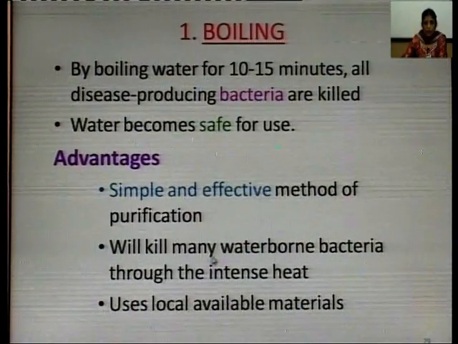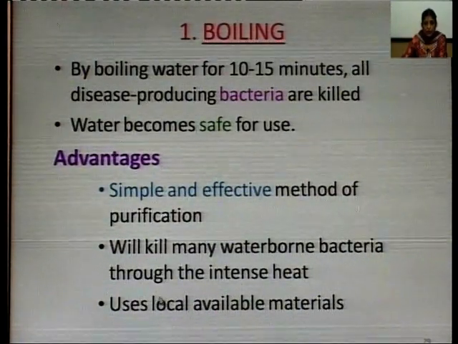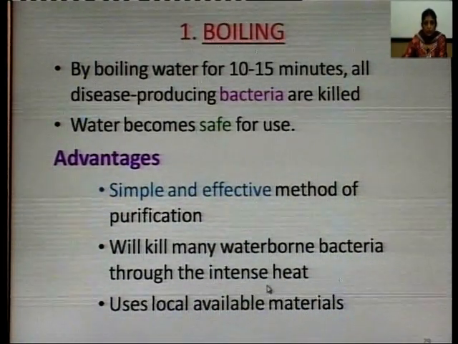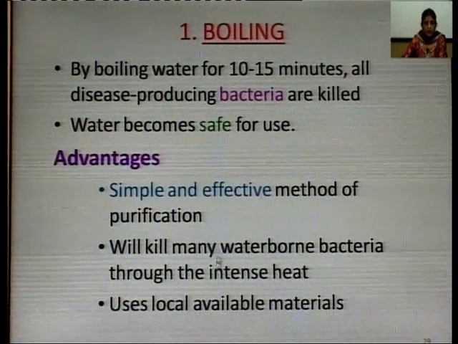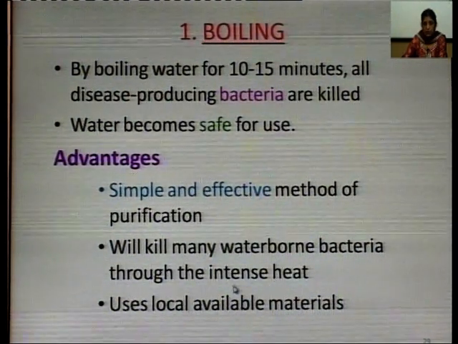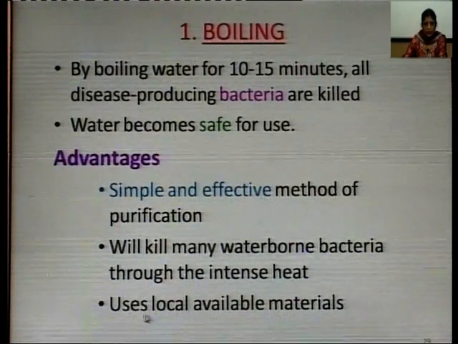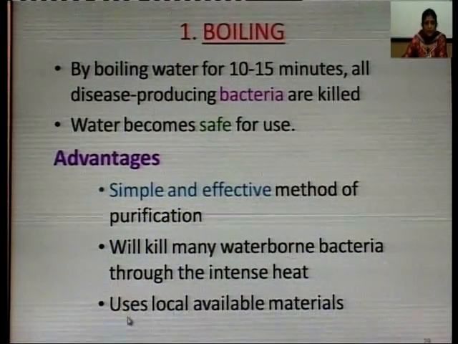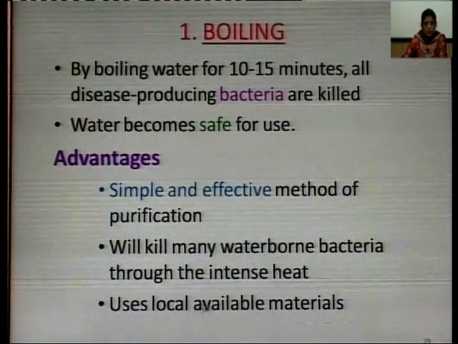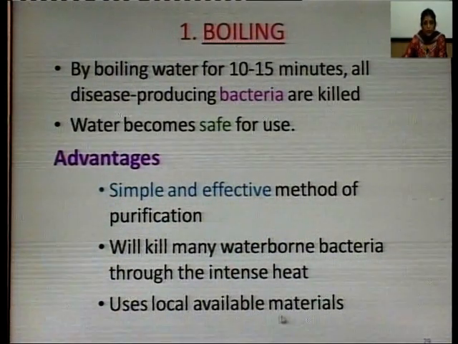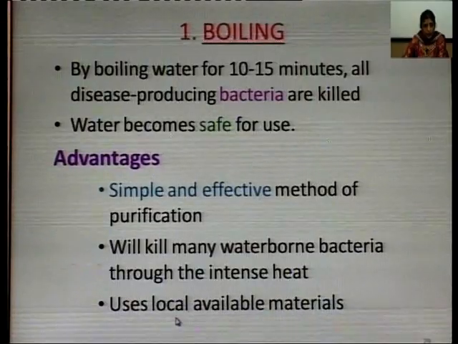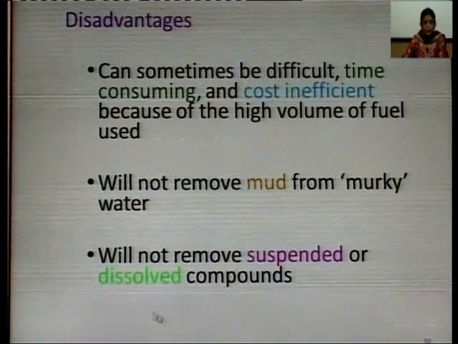This method will kill many waterborne bacteria through intense heat, because boiling of water is done at 100 degrees Celsius. At this temperature most of the bacteria are killed, and in this method we naturally use locally available material. So, no extra equipment is required for boiling.